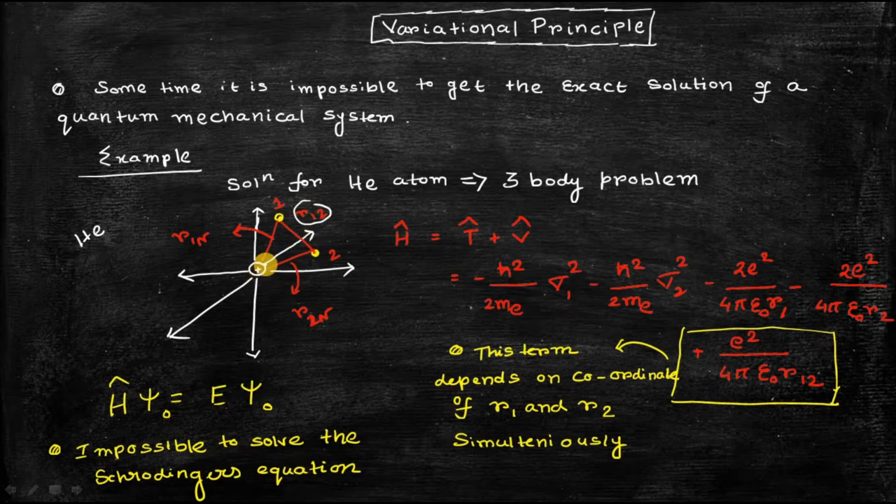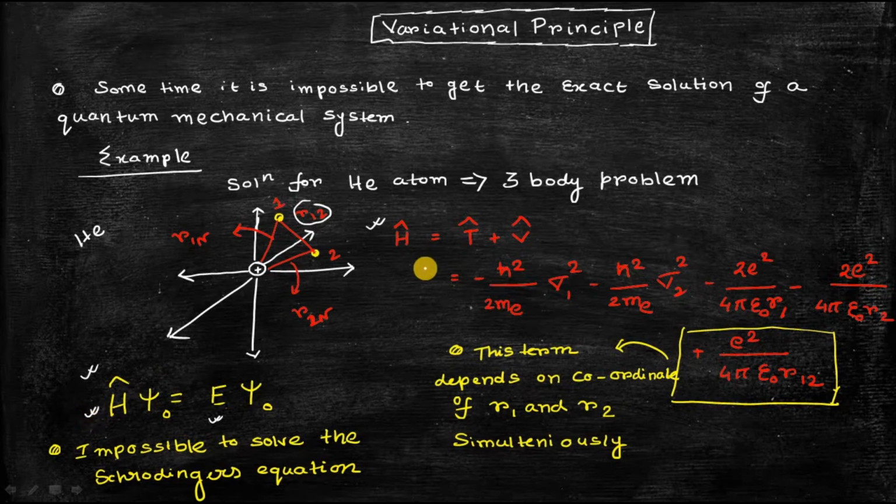Now to solve this system we have to know the Hamiltonian operator for this system, because ultimately we have to solve Schrodinger's equation, that is H psi 0 is equal to E psi 0. By solving this Schrodinger's equation we would get the exact energy for that system. So for that we have to know the exact Hamiltonian operator.